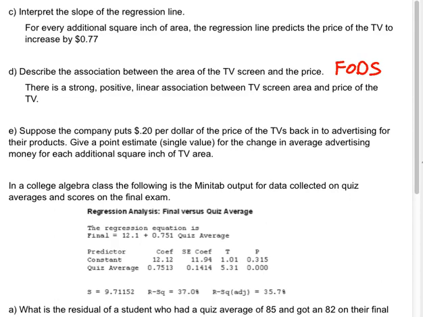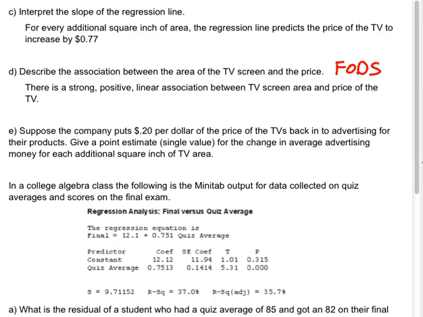Suppose a company puts 20 cents per dollar of the price of the TVs back into advertising for their product. Give a point estimate, a single value, for the change in the average advertising money for each additional square inch of TV.